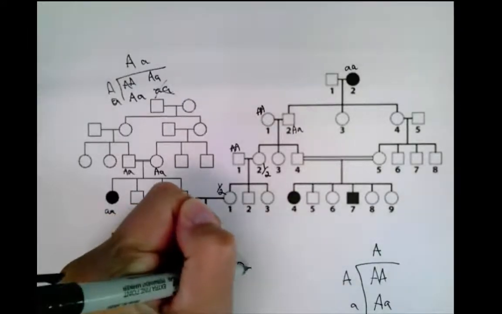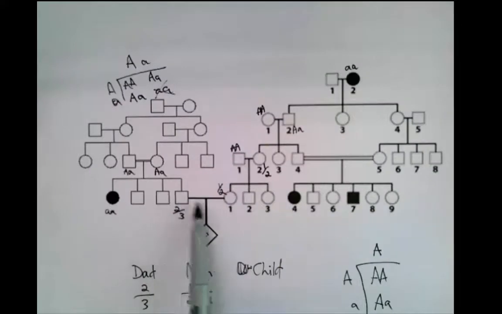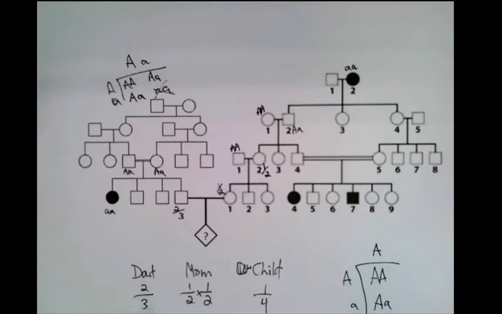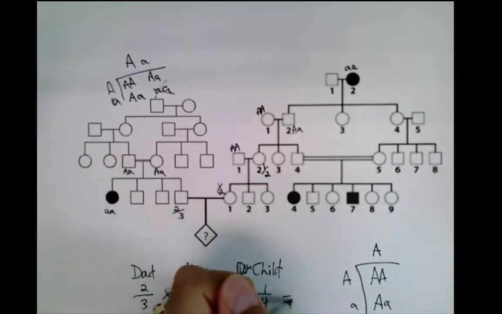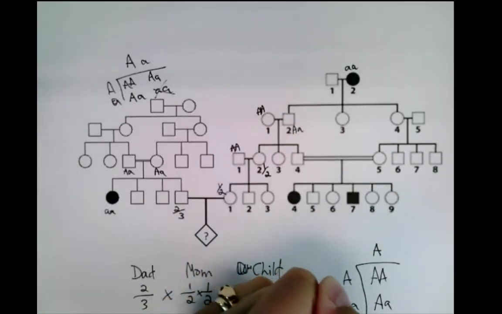The last thing we need to take into account is the child. If these 2 individuals are both carriers, the chance of an affected child would be 1/4. Now we need to multiply all of these probabilities together because all of these things need to happen in order to have an affected child. The overall result is 2/48 or 1/24.